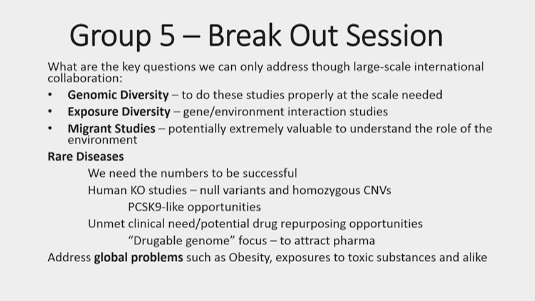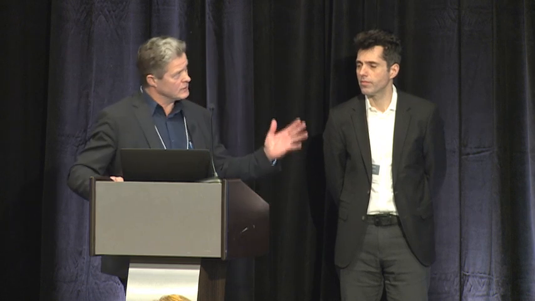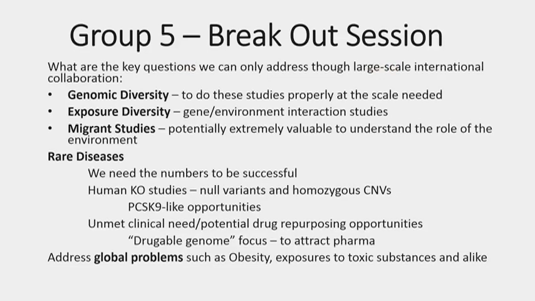And before we address the questions, we laid out the theme of what are the key questions that this type of an effort could do that we can't do alone. And what came up on top there was genomic diversity and scale.